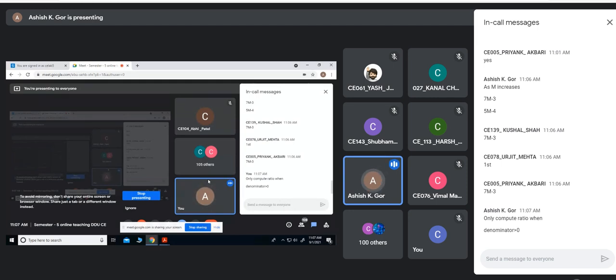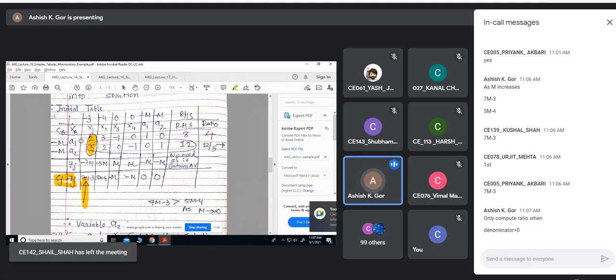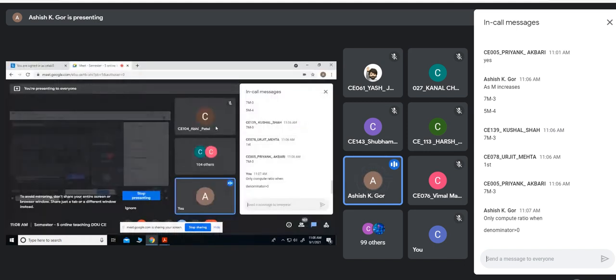So I cannot have a denominator term, that is key column elements, that is not positive. Let us say here it is 2, 5, but in place of 2, 5, if it is minus 2, 5, I should not compute the ratio for the negative term. Similarly, if it is 0, then also the ratio is not defined. So remember, only when the denominator is greater than 0, I should compute the ratio.